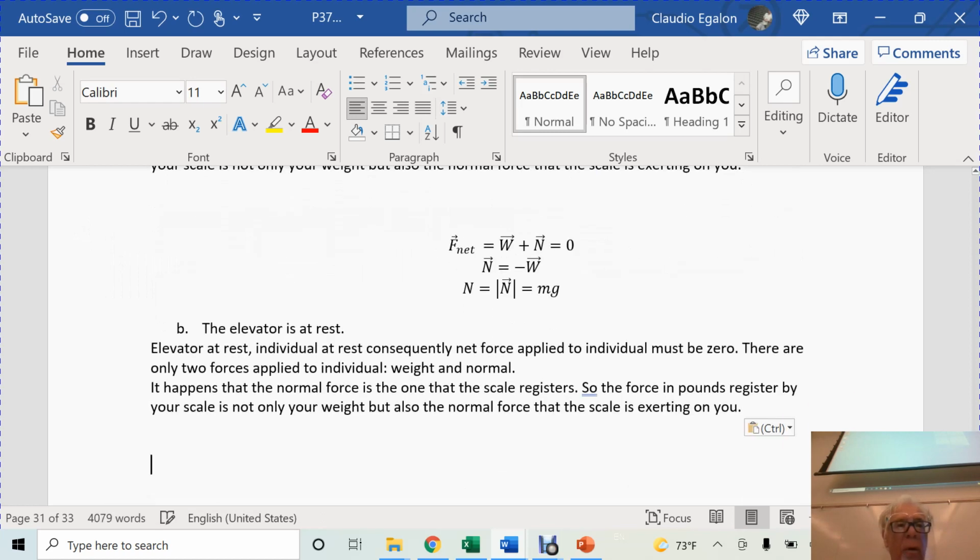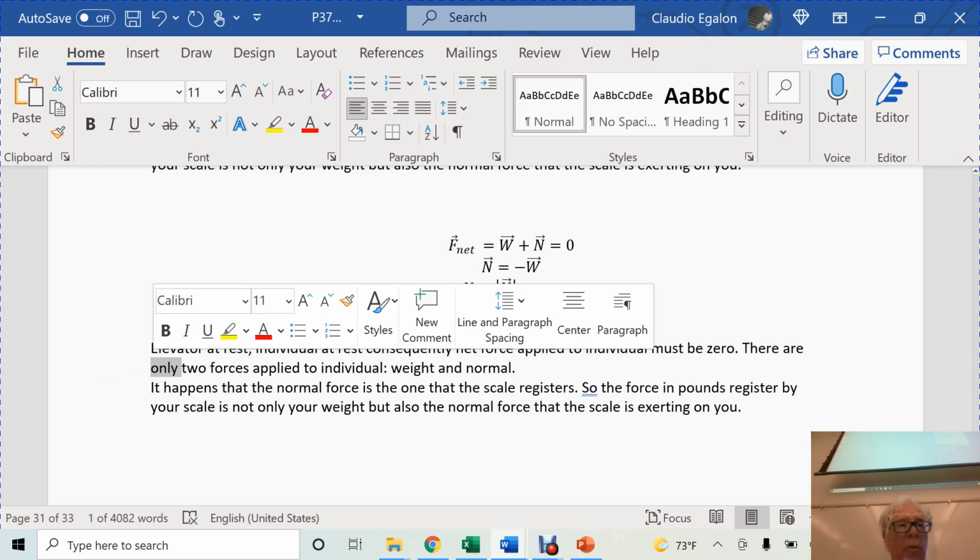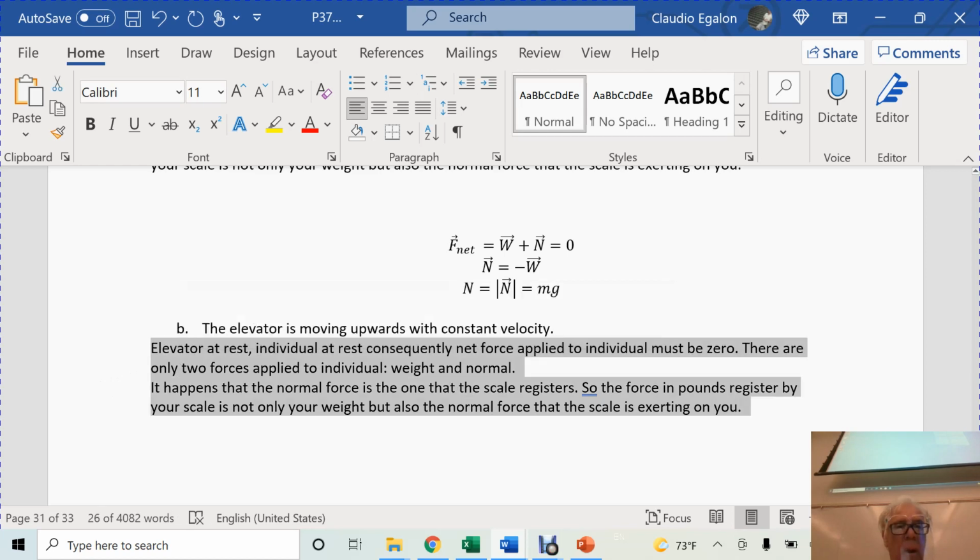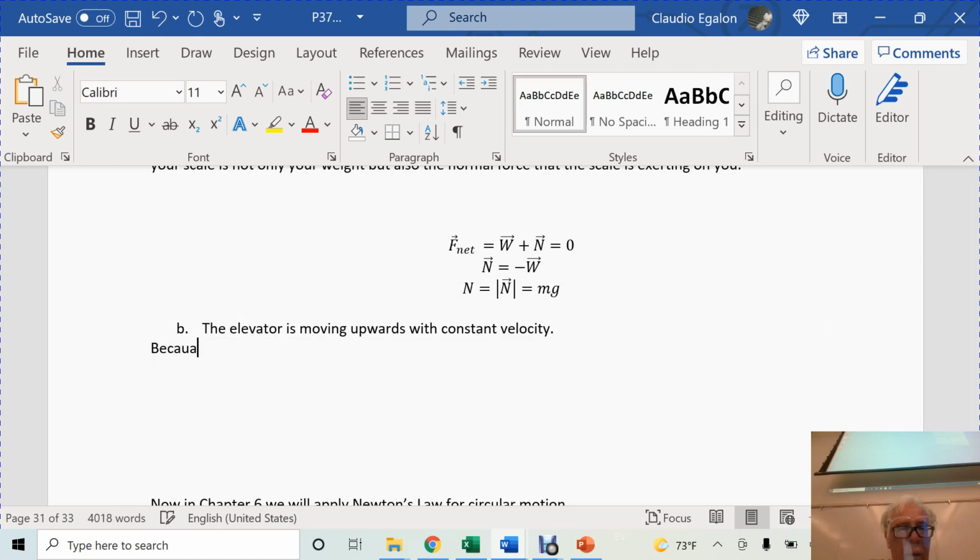Elevator is moving upwards with constant velocity. Because it is constant velocity, net force is also equal to 0, whether the constant velocity is upwards or downwards.